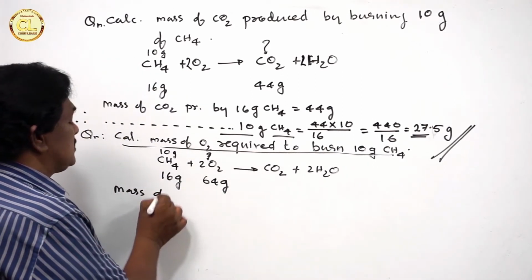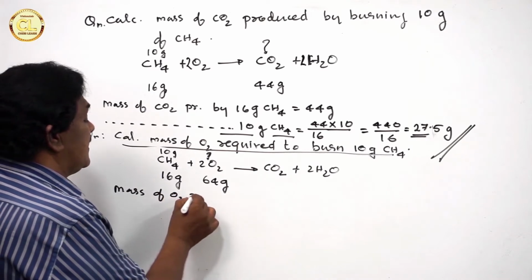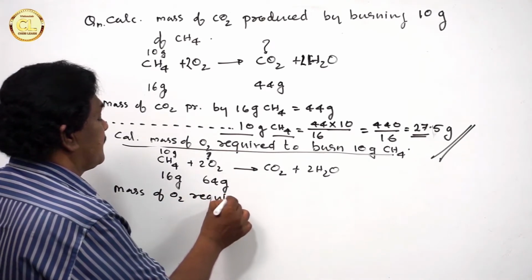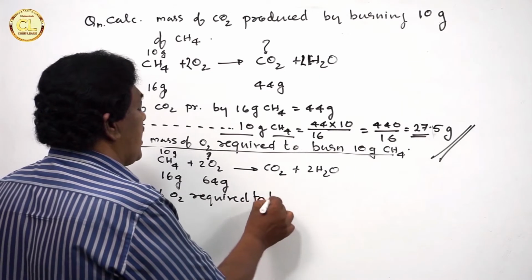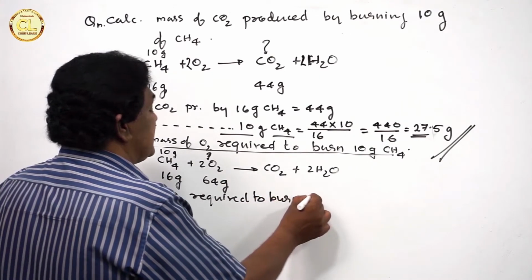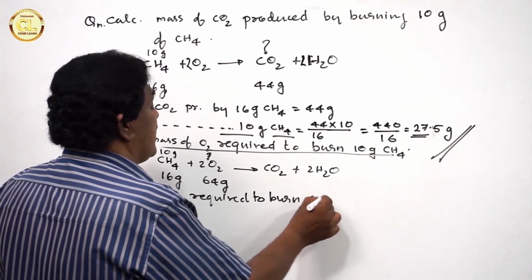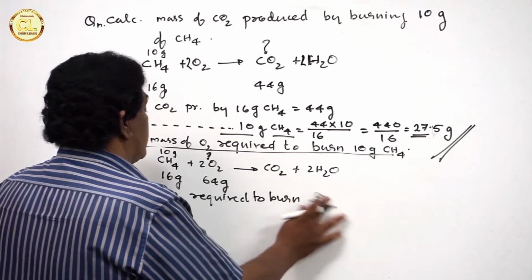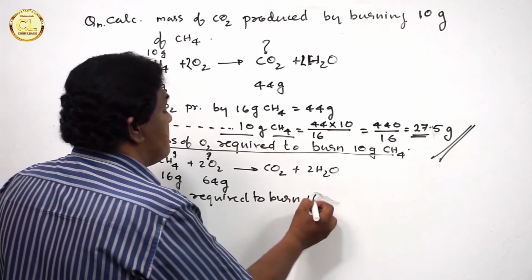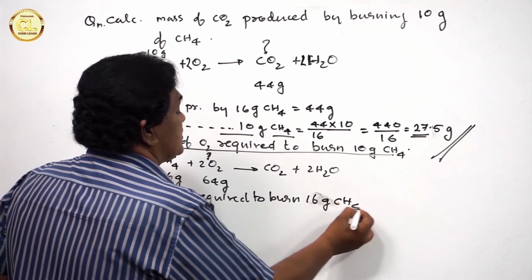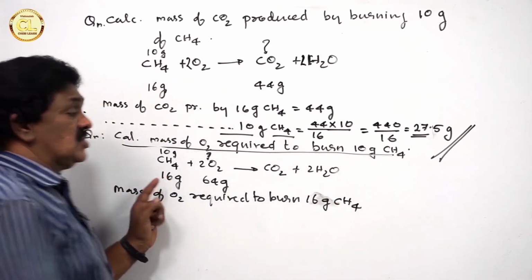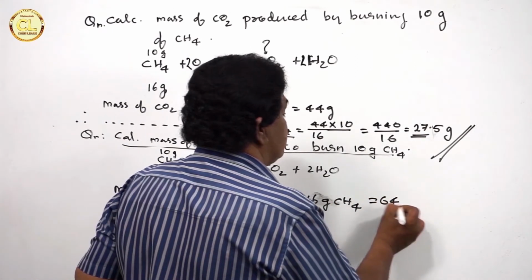First step: mass of oxygen required to burn 16 gram methane is equal to 64 grams.